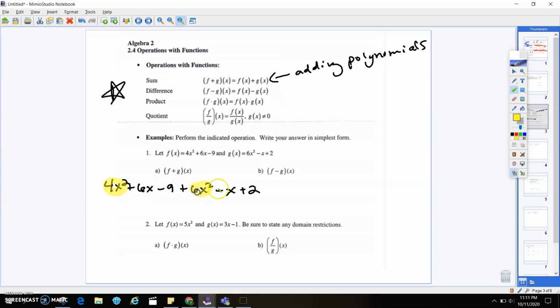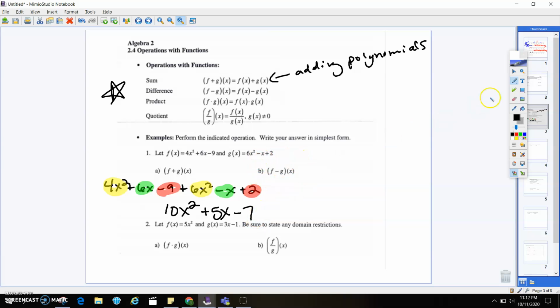So we got 4x squared plus 6x squared, and that's going to give us 10x squared. And then we're going to add 6x minus x, and that's going to give us 6 minus 1, which is going to give us 5x. And then we're going to add negative 9 plus 2, which is going to give us negative 7. Negative 9 plus 2. Okay, and then this is all we have.